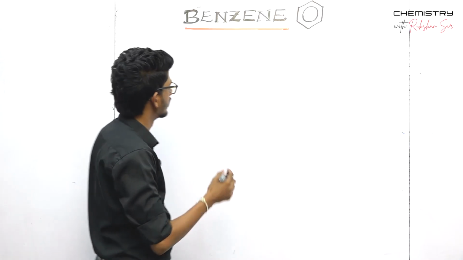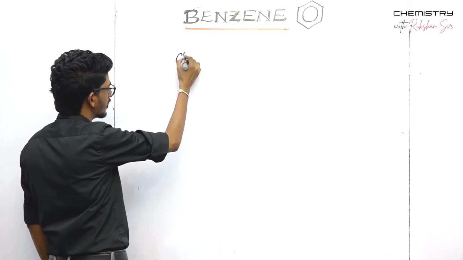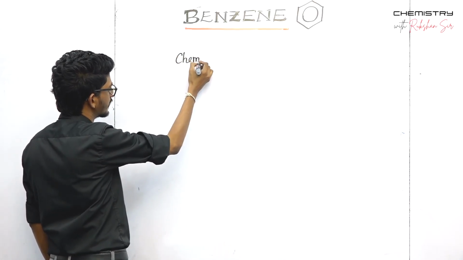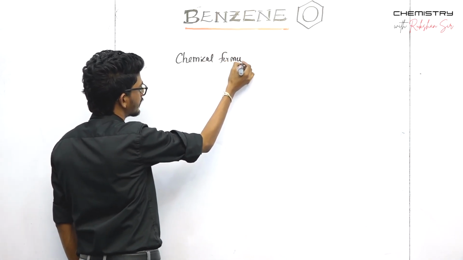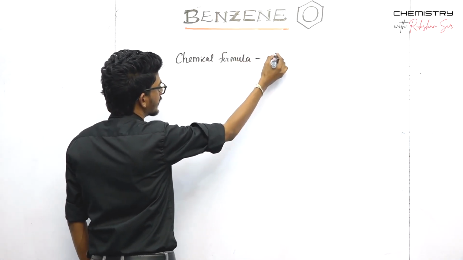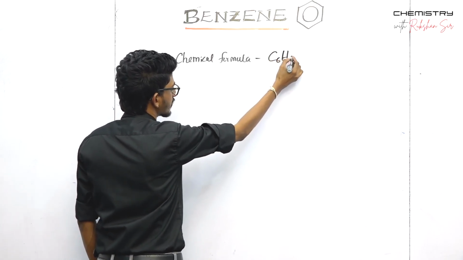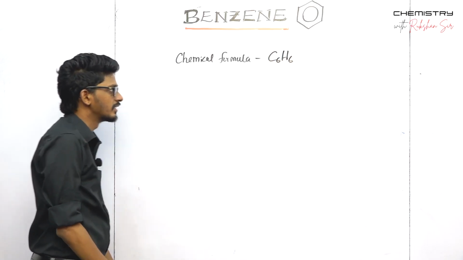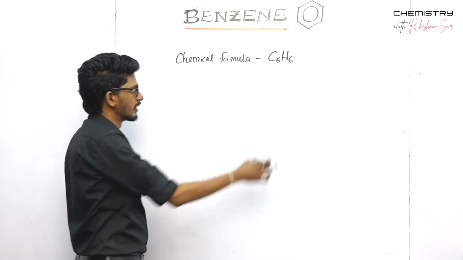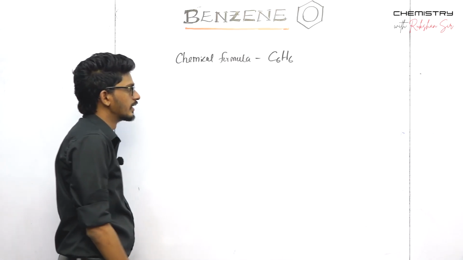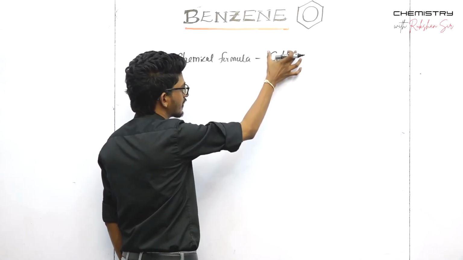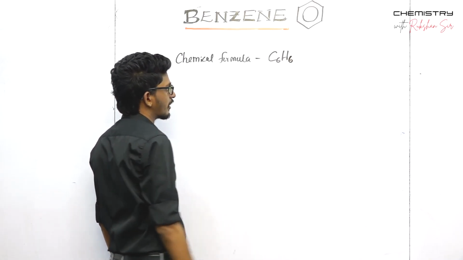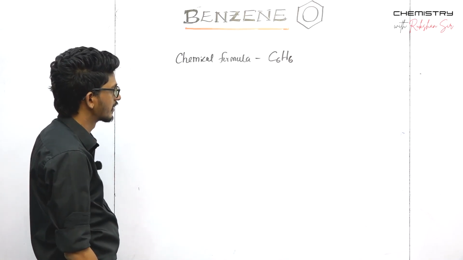For benzene, the molecular formula is C6H6. When we see this formula, it appears that we have some double bonds here, some unsaturated compound. Why is that?